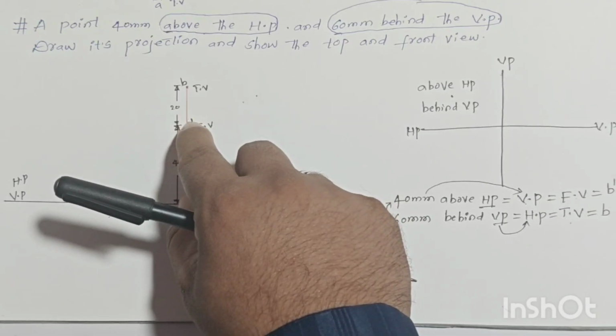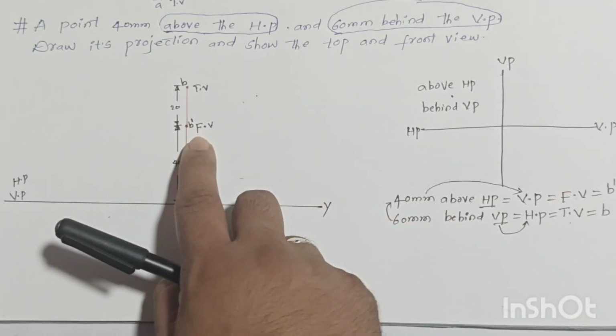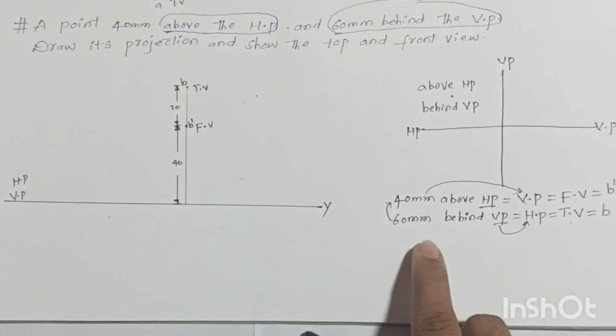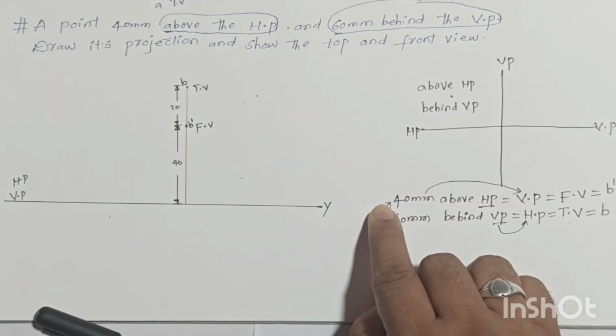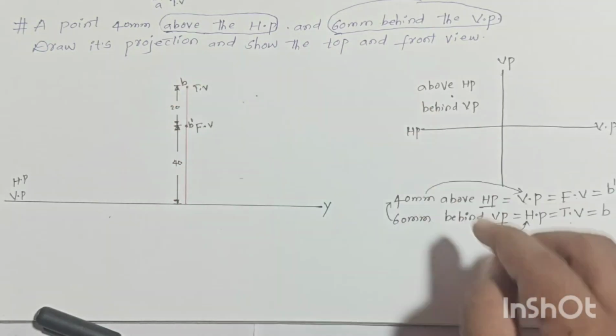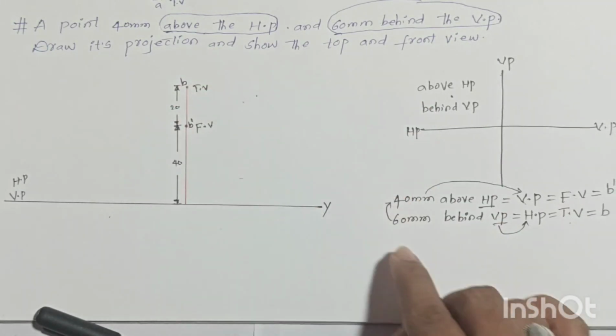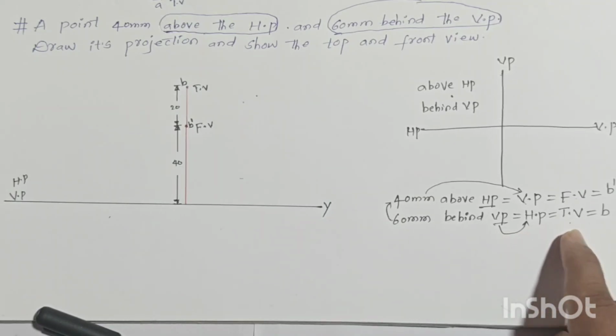First of all, the smallest value is 40. Draw the 40 mm above the reference line. VP is called the front view. Front view is represented as B dash. Again, take the extra distance. If you subtract 40 from 60, how much will you get? 20 mm. 20 mm extra we have to add here. Okay. 60 mm rests on the HP, which is the top view.